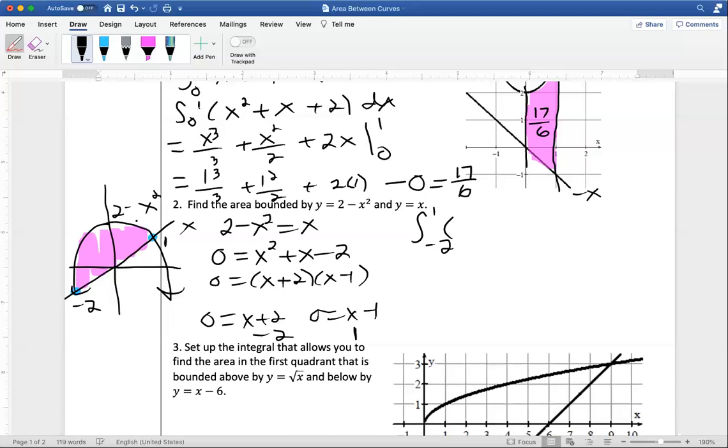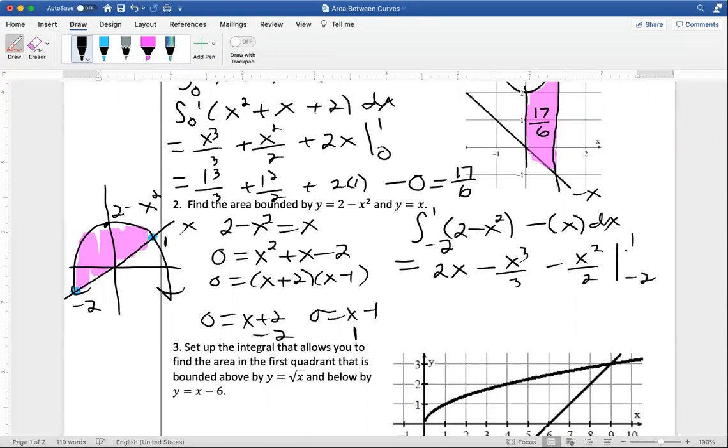Remember, I do the top function, which in my picture is 2 minus x squared, minus the bottom function, x dx. Again, I'm going to integrate. So I have 2x minus x cubed over 3 minus x squared over 2. I'm going from negative 2 to 1. I'm going to plug in my numbers.